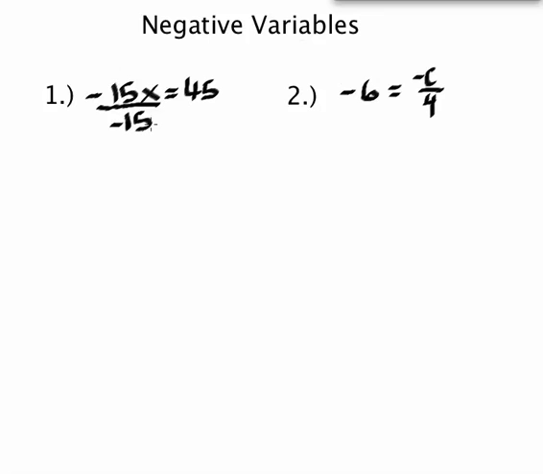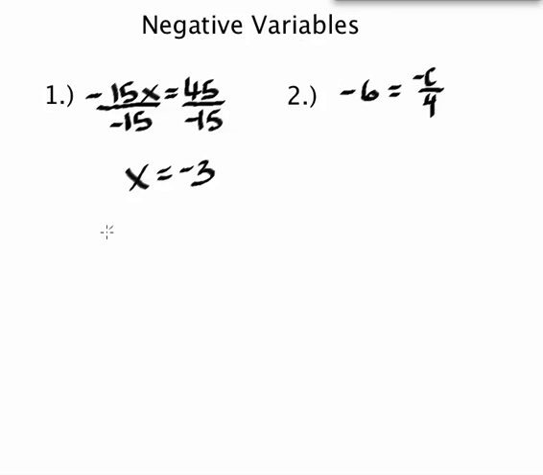These will cancel each other out, but if I do it to one side of the equal sign, I've got to do it to the other. Now hopefully we're good enough with our math facts now that we know that when 45 is divided by 15, that will give me 3. But look, I have x equaling 45, it's a positive, divided by 15, which is a negative, is going to give me a negative 3.